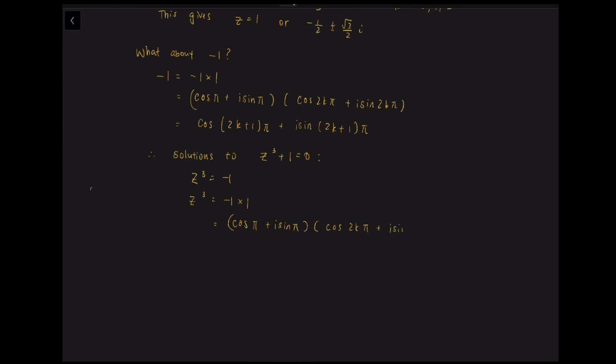And hence, cos (2k plus 1) pi plus i sine (2k plus 1) pi. Using De Moivre's theorem, we divide it by 3, and then we get cos (2k plus 1) pi over 3 plus i sine (2k plus 1) pi over 3, where k equals negative 1, 0, and 1. Remember, there must be 3 values because it is power 3, and in ascending order.